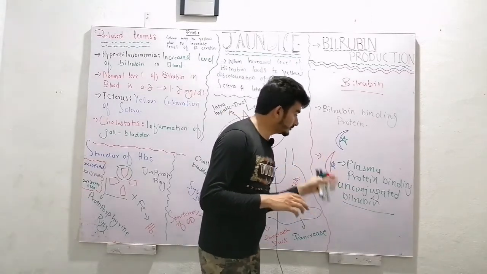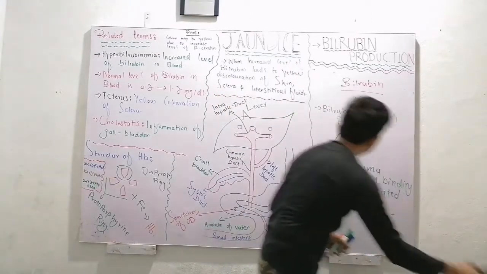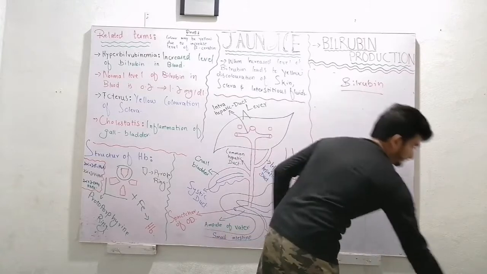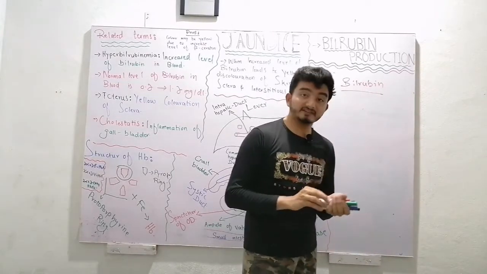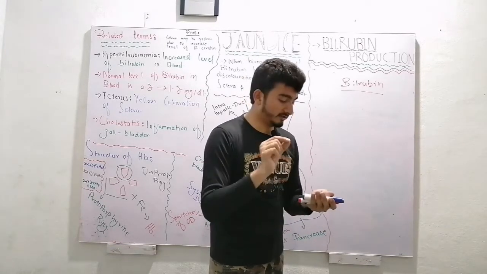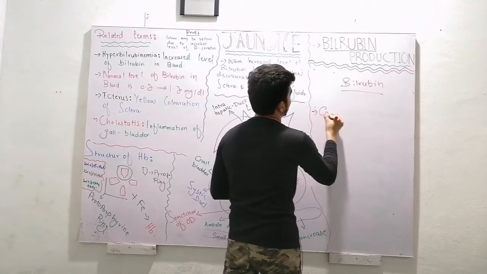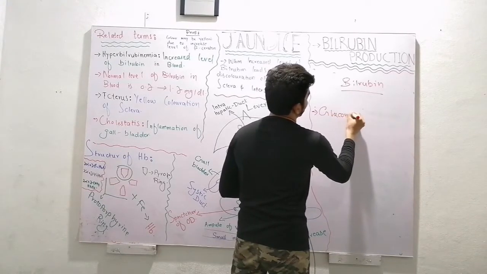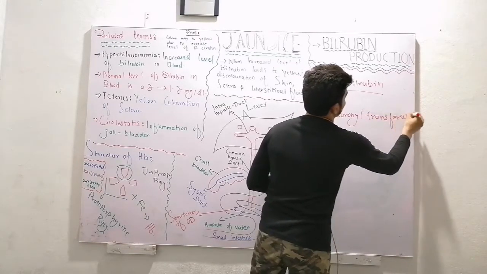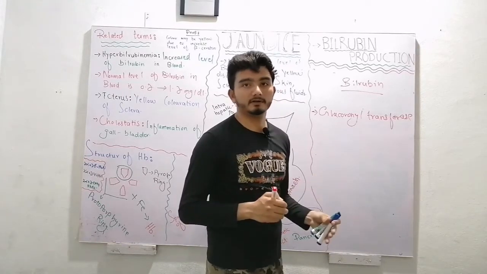Okay, now the conjugation of bilirubin will occur in the liver. There is a special type of enzyme in the hepatocyte, it means in the cells of the liver, and that is called glucuronide transferase.